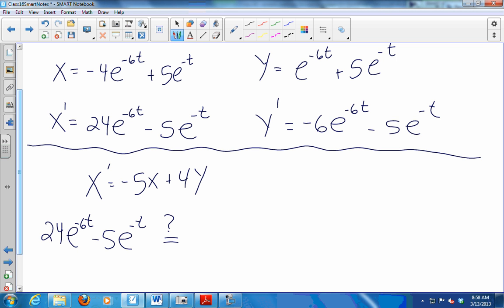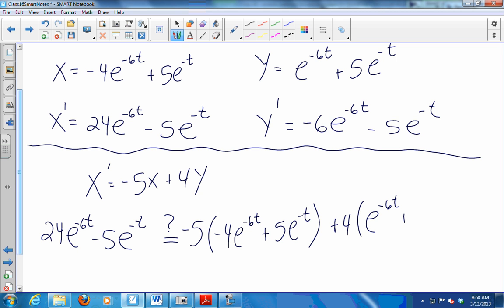Does that equal negative 5 times x, and replacing x with negative 4 e to the negative 6t plus 5 e to the negative t, plus 4 times y, which is e to the negative 6t plus 5 e to the negative t.